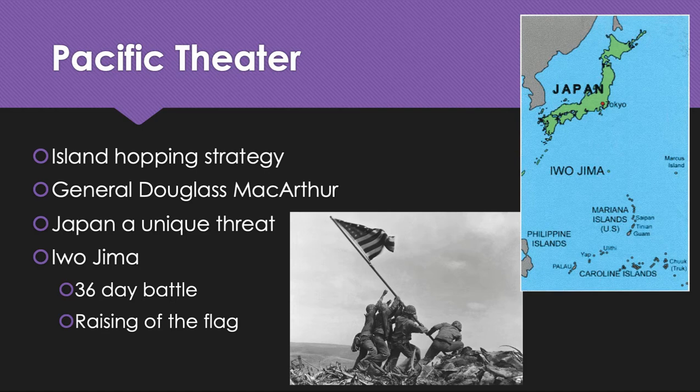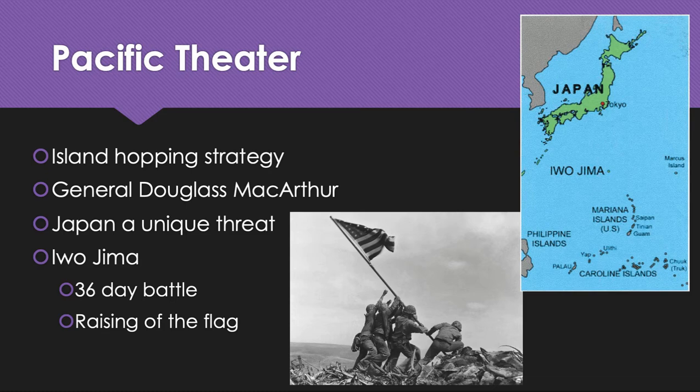Just 4 days into the fighting, though, the U.S. Marines are going to capture Mount Suribachi, which is just the south side of Iwo Jima. You want to get that tactical position of the high point on the island, which we were able to do, and that's where that famous image comes of the Americans raising the flag. That's going to be a picture taken by Joe Rosenthal, and it gives you the premise of the movie Flags of Our Fathers.